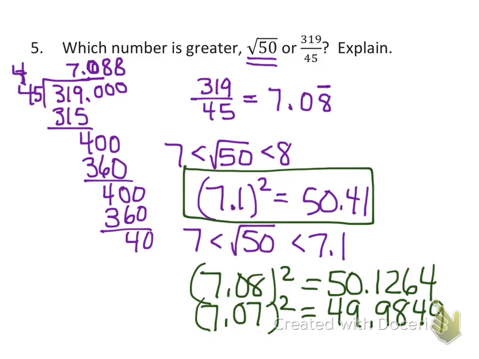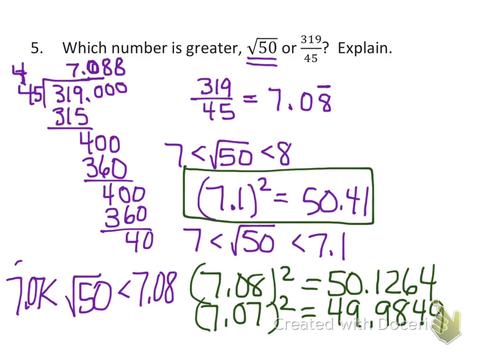Well, I've narrowed it down. I know that the square root of 50 has to be greater than 7.07, and it has to be less than 7.08. Okay, so now I have it in this interval.